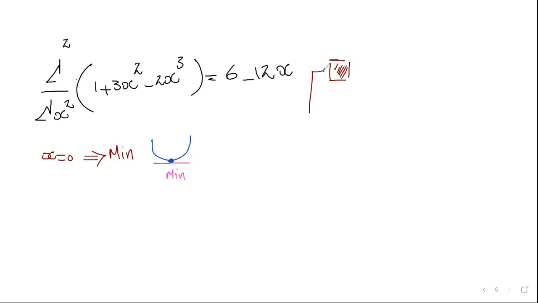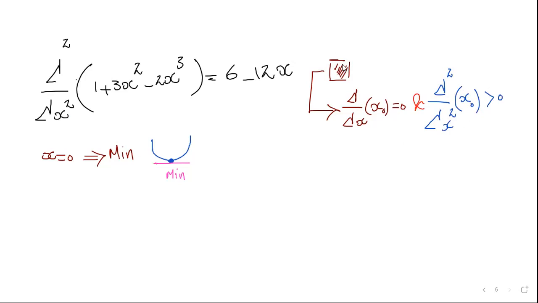If the first derivative at x naught is 0, which means this point is my critical point, and if I can show that the second derivative at that critical point is positive, then I conclude that x0 is a minimum point.